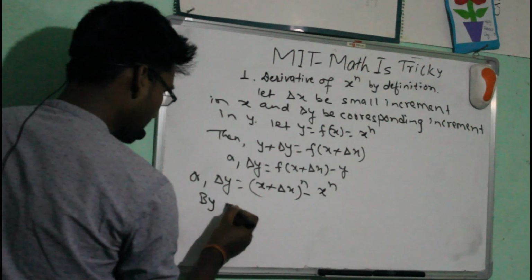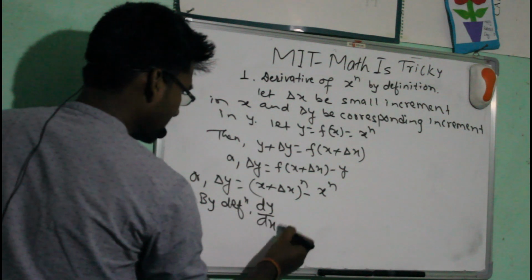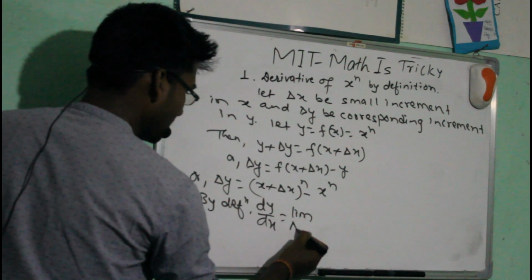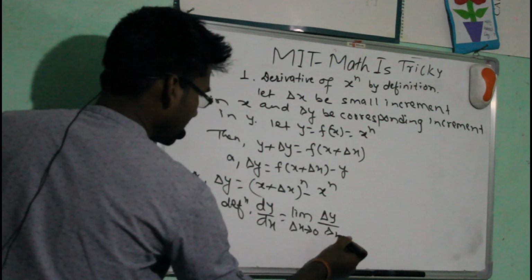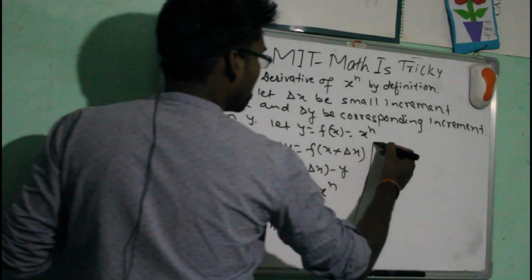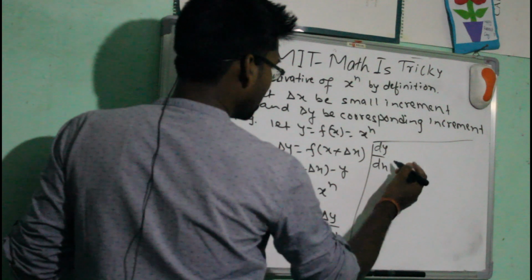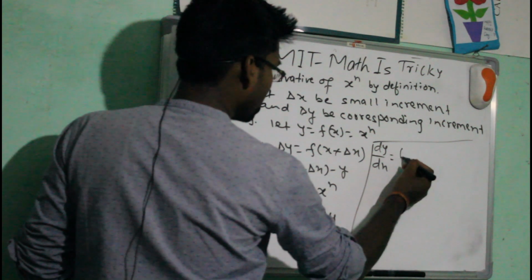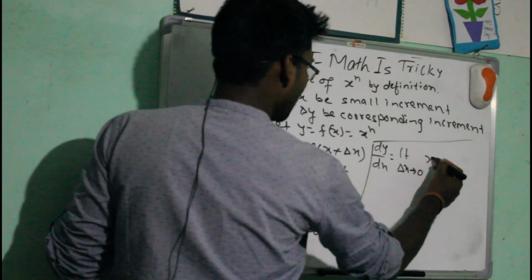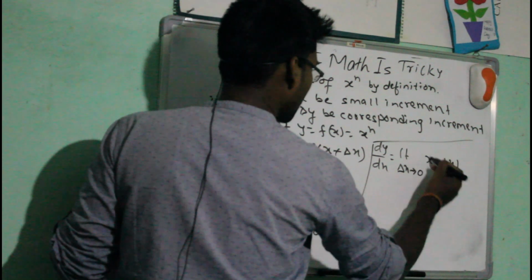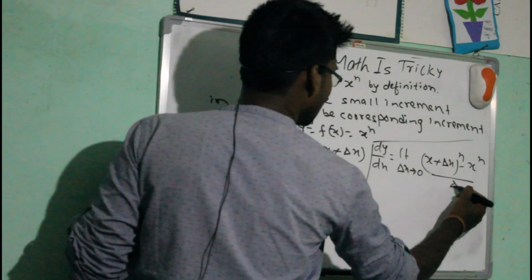By definition, we can write dy by dx equals limit delta x tends to 0 of delta y by delta x. So dy by dx equals the limit as delta x tends to 0, where delta y is x plus delta x whole power n minus x power n, by delta x.